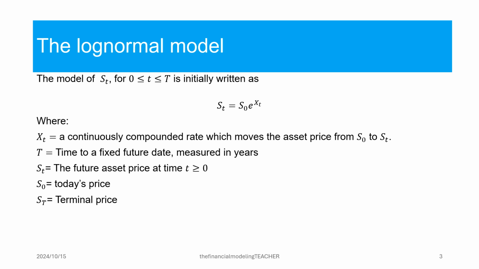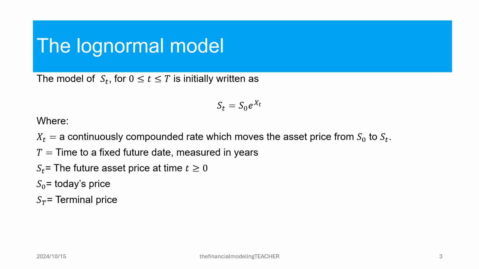Now the lognormal model itself, we first define it as S_T equal to S_0 times e to the power X_T. In other words, we are saying the asset price at time T is made up of the initial price S_0 multiplied by the exponent of the rate itself.